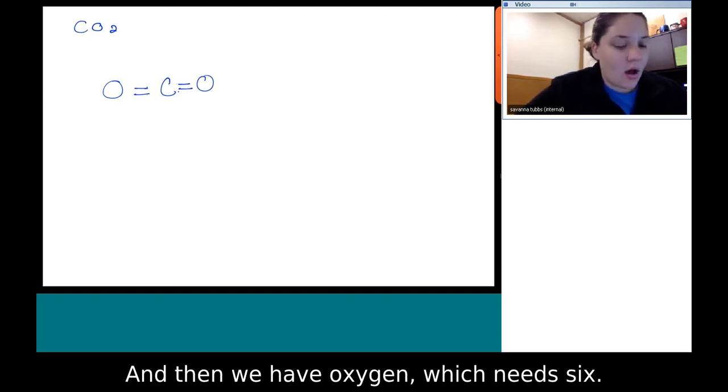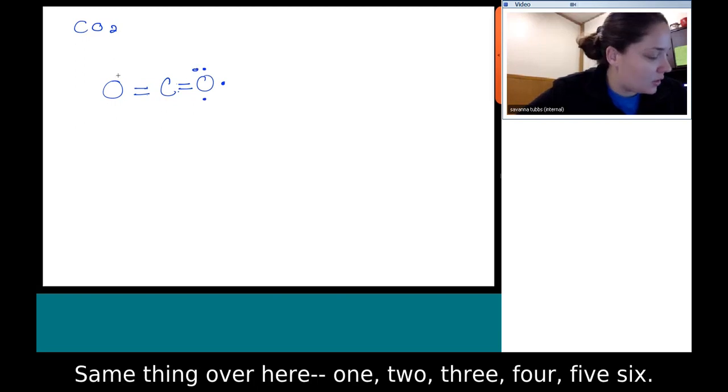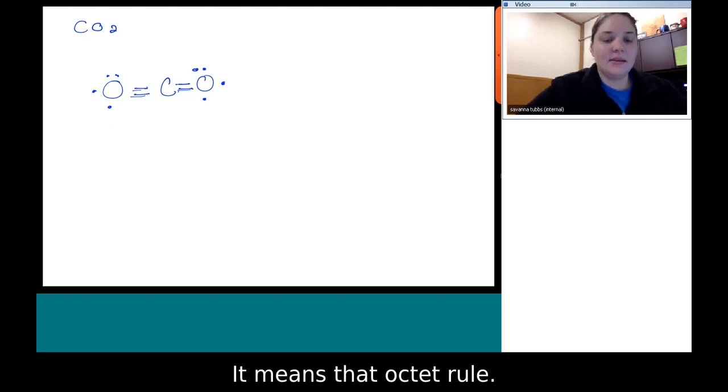And then we have oxygen, which needs 6: 1, 2, 3, 4, 5, 6. Same thing over here. 2, 4, 6, 7, 8. It meets that octet rule. So this is my structure.